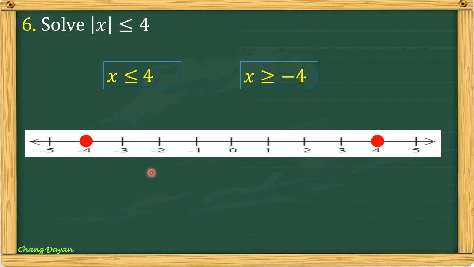So, meaning, our solutions are in between negative 4 until 4. Kasama sa solution ang negative 4 and 4. So, lahat ng numbers dito ay magsasatisfy sa ating inequality. So, solution set is negative 4 and positive 4.